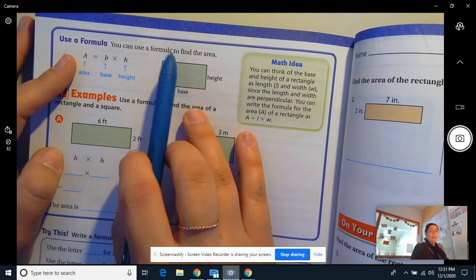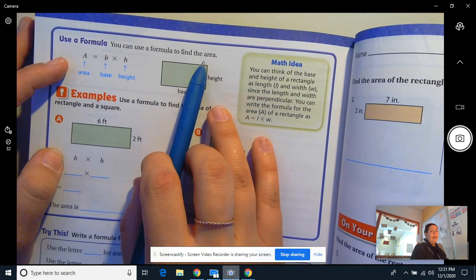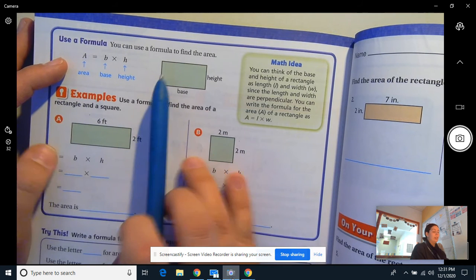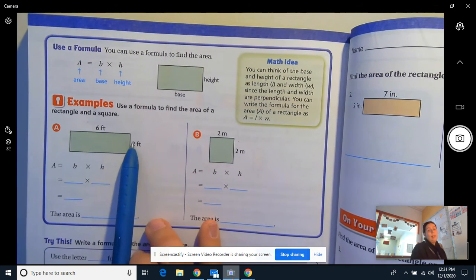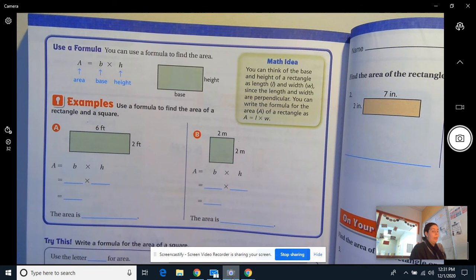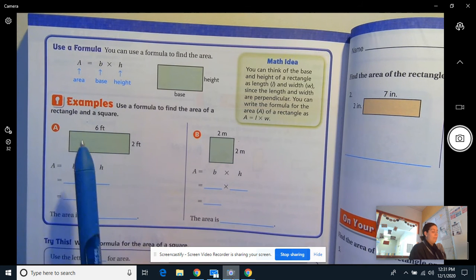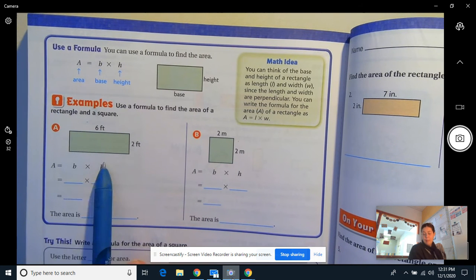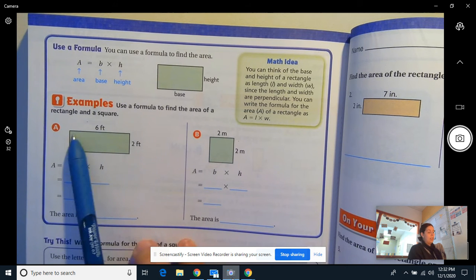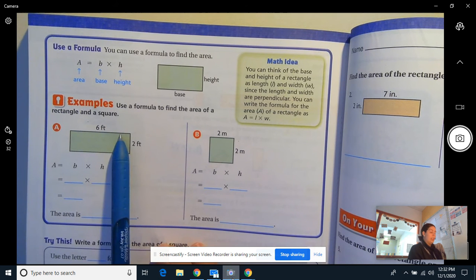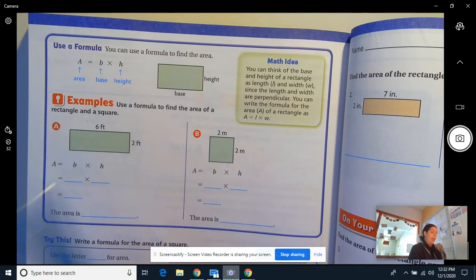You can use a formula to find the area. Area equals base times height. So this one, we're just going to be multiplying because look, there's no little squares in here to tell me what my area is. Okay, so area equals base times height. I typically take the biggest one and put as my base. That's just how I do it. So base is going to be 6 foot.